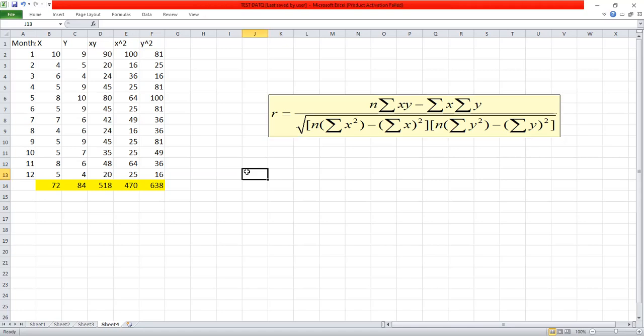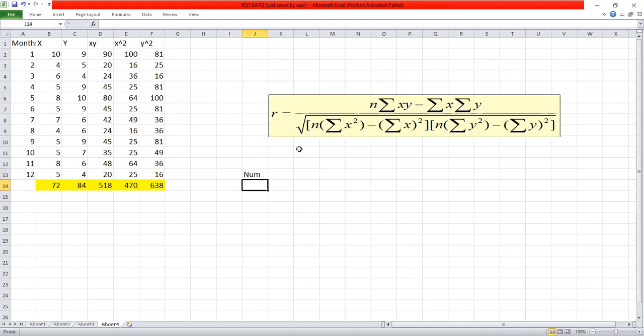So this is what I'm going to do. I'll do it carefully. If you do that substitution, you multiply the two, then get the square root. So the numerator, our n is 12. Let me get the numerator.